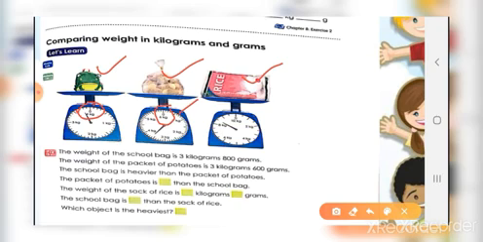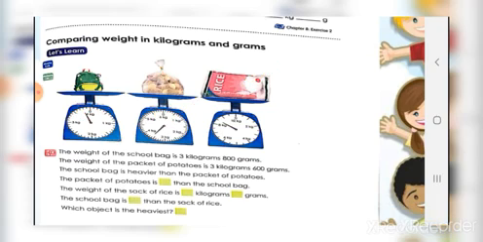Now, point to the weighing scale on the right. Up to how many kilograms can this weighing scale measure? This is 10 kg. Now what does each interval on this weighing scale stand for? You can see here that between 0 and 2 kilograms there are only 4 intervals.